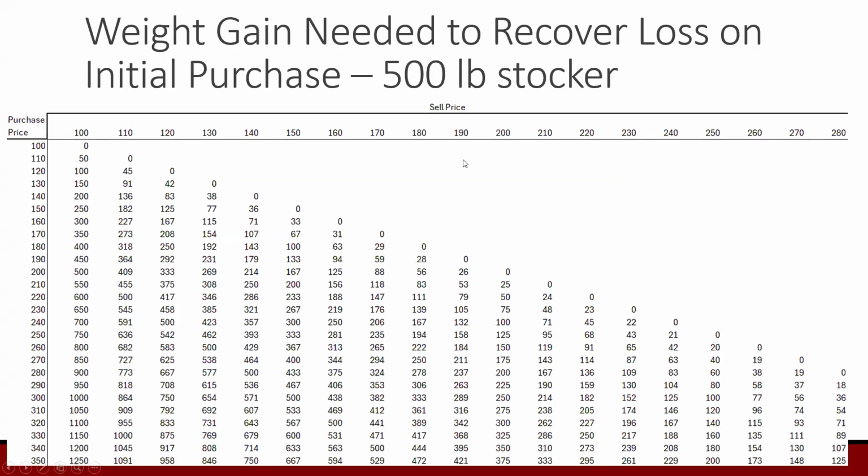Okay. So this graph here shows the weight gain that's needed, the amount of weight that you need to put on an animal to recover purchase cost. This is for a 500-pound animal. Here I have sell price in dollars per hundredweight, so what I would sell that animal for.